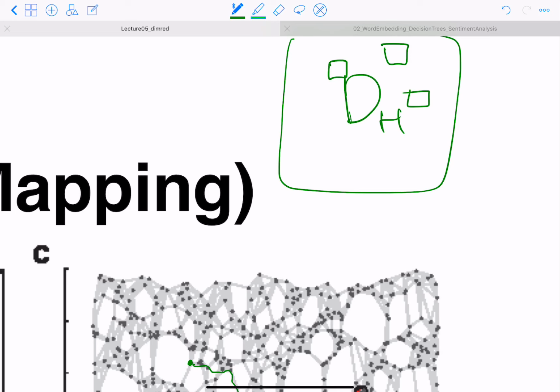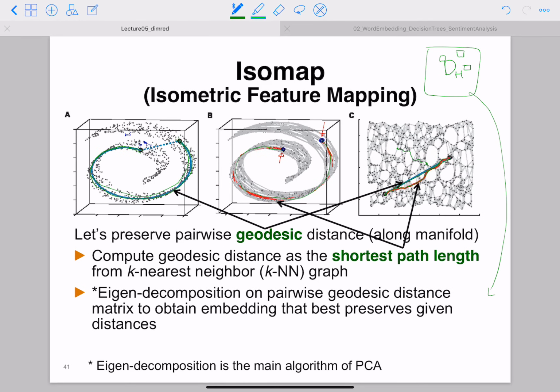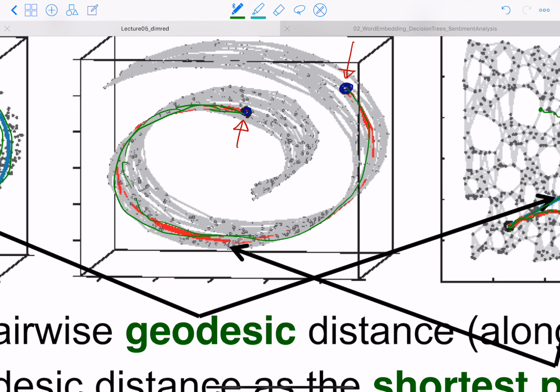The next step is exactly the same as PCA or MDS. Given this pairwise distance matrix, we form a low dimensional representation that will minimize the difference between D_L and D_H. Here we have to reconstruct this geodesic distance by using the Euclidean distance in our low dimensional space.